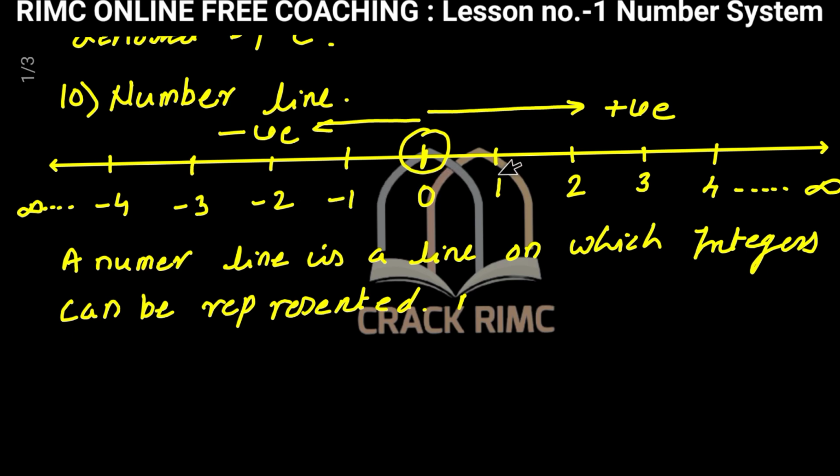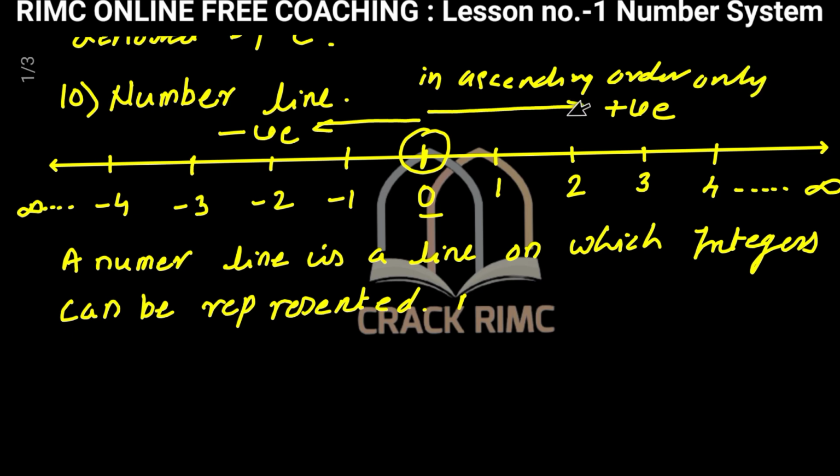Normally 0 is the midpoint of the line, and when you move from 0 towards the right side positive integers will be available, and when you move from 0 towards the left side all negative integers will be available, and all these integers will be available in ascending order only.